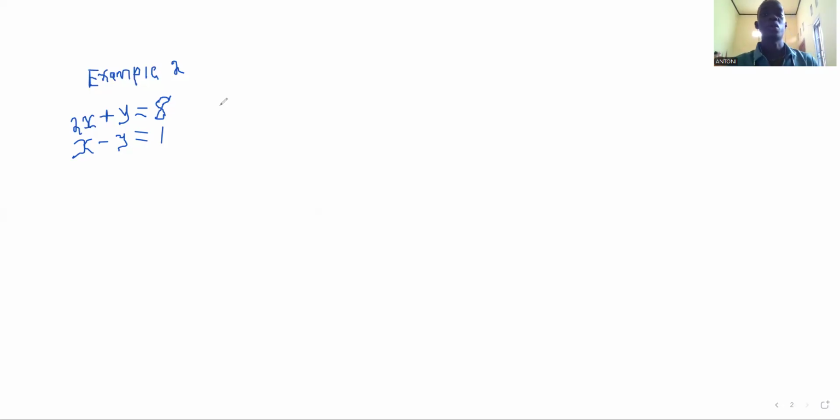And what we do is to deal with either the first or the second equation. First take a look here. In the second equation, there is x, and there is y standing alone, which is equal to 1.